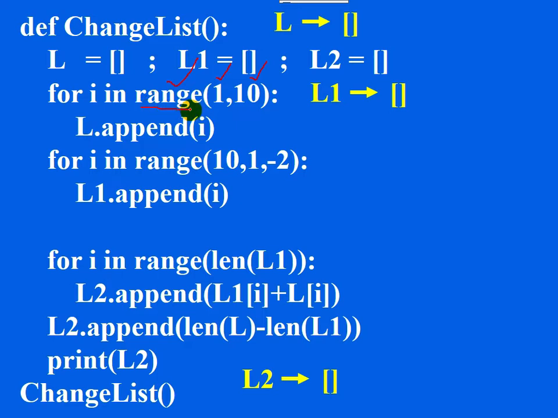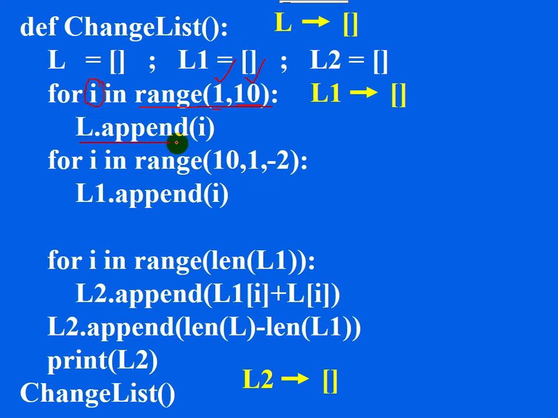Range function returns all the integers starting with the index 1, ending with the index 10, 10 is excluded, in steps of 1. So here you get 1, 1 plus 1, 2, 2 plus 1, 3, etc. up to 9 because 10 is excluded. So here you get all the integers 1, 2, 3, 4, etc. up to 9. I takes the first integer in the range, that is 1.